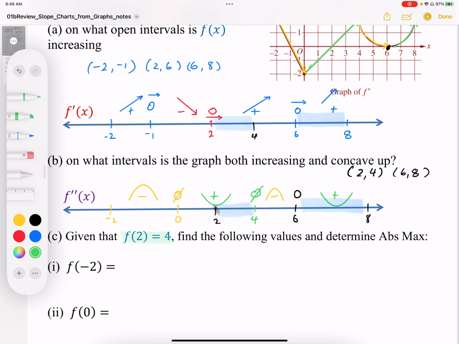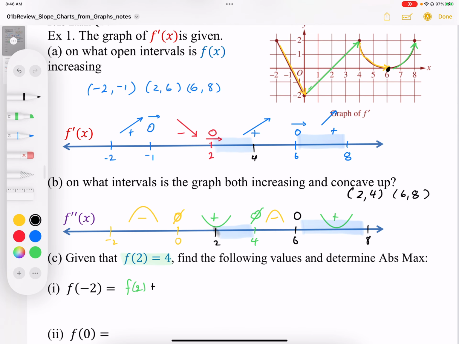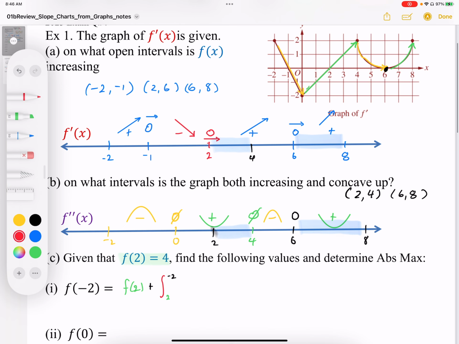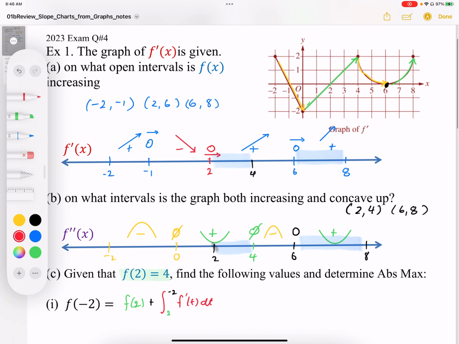We have a starting point of f of 2, and then we're going to add the area under that derivative function from 2 to negative 2. Now notice that we're integrating right to left, so we have to be careful of that. And that's going to be under the f prime graph. Okay, and that's the graph that we're given here.